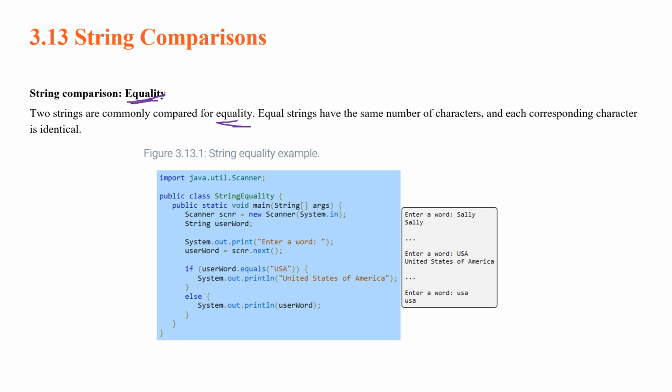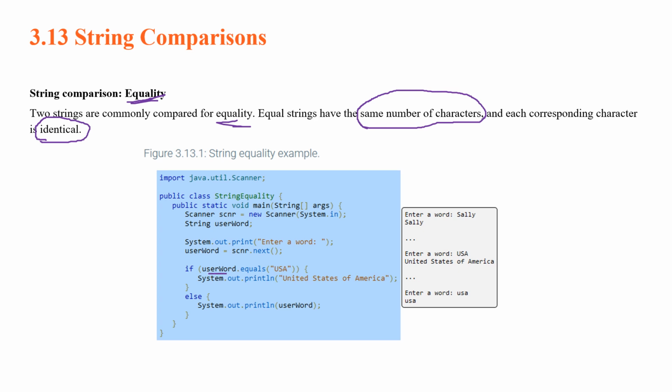To compare them, they can be equal when they have the same number of characters, the letters should be the same, and every character is identical in both strings. These are the two constraints. Let us go through this example right here.